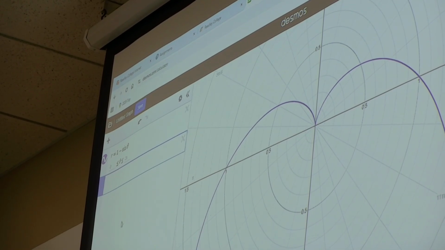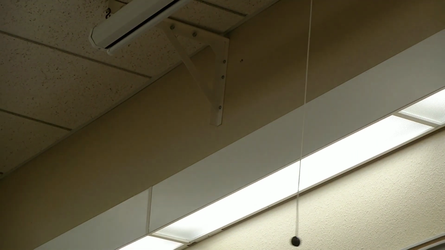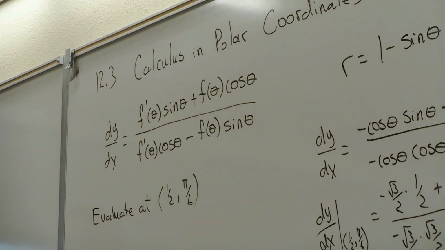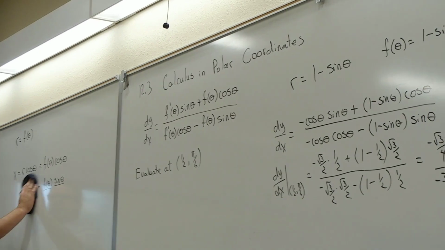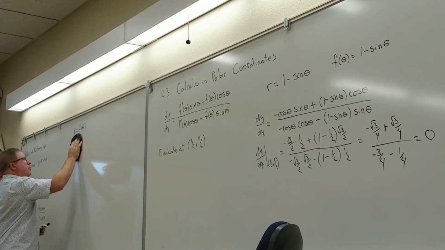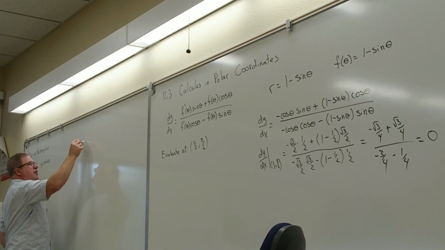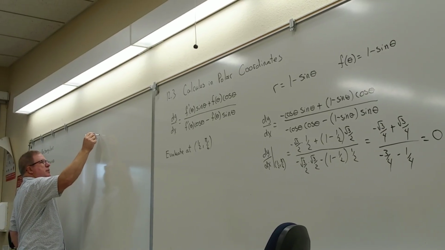Let's go to our original function. Erase this. Our original function there is r equals 1 minus sine theta.